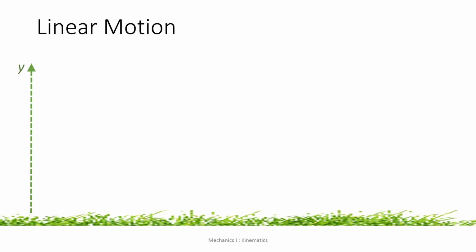But there are 2 differences compared to the horizontal linear motion, and it all lies with the acceleration a. Let me illustrate these 2 differences in the acceleration. Let us look at an example of a ball being thrown upwards.